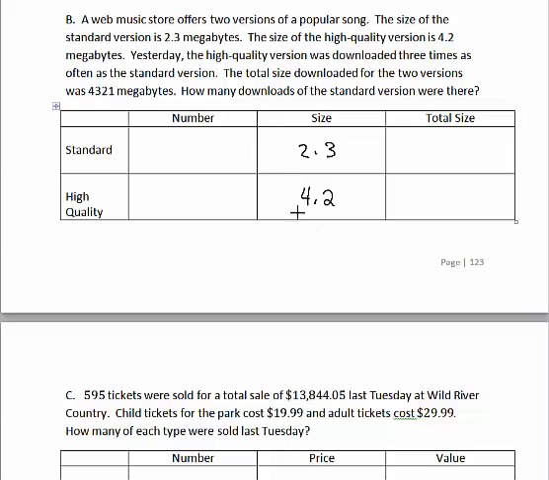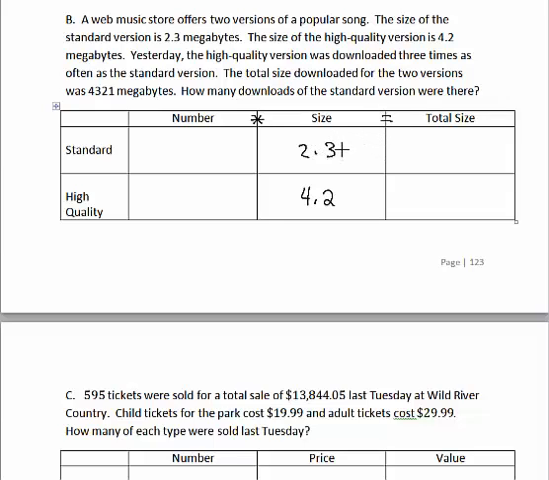And so we've completed one column, and now the second column, and again the number times the size in this case, which is more appropriate than the price, equals the total size.